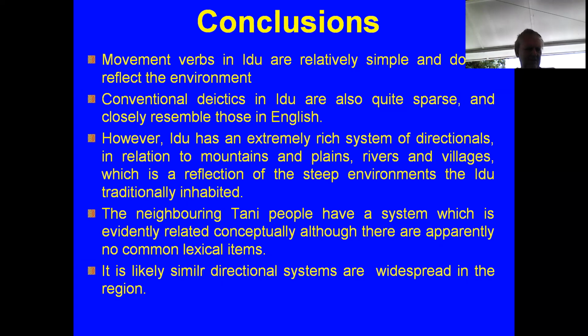Some, like the Adi, are oriented in relation to north and south the same way as the Idu, but others are, because the chain of mountains turns an abrupt, almost right-angled corner, the whole orientation switches so that east, west, and north, south swap around. So I haven't fully understood how that works in terms of the Tani system, but one can imagine it corresponds in some way to the Idu system.